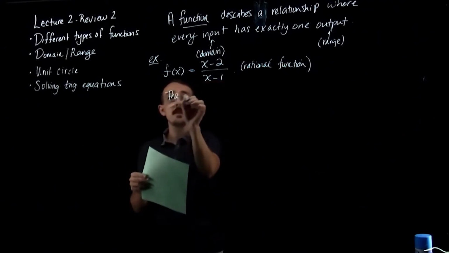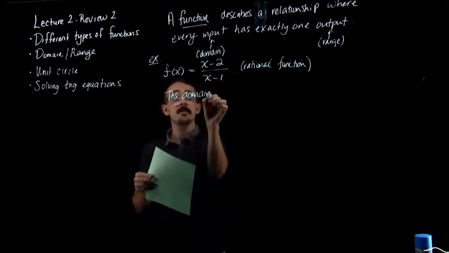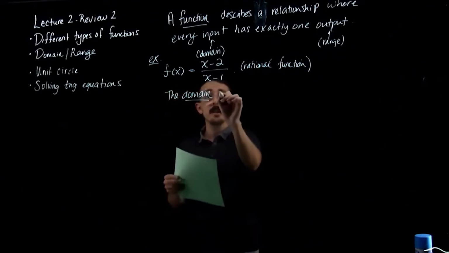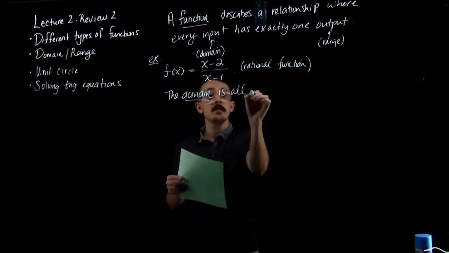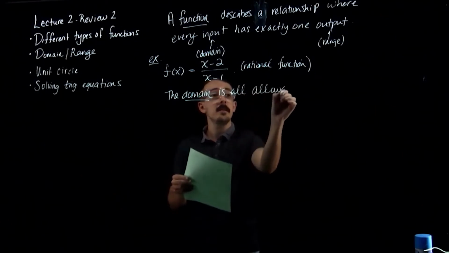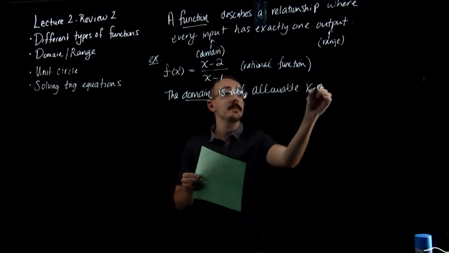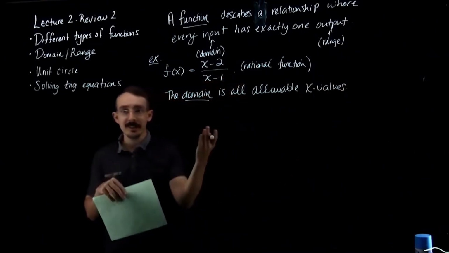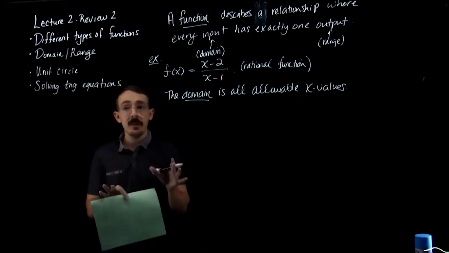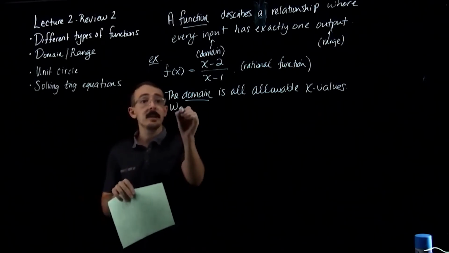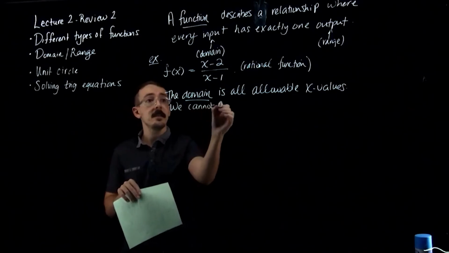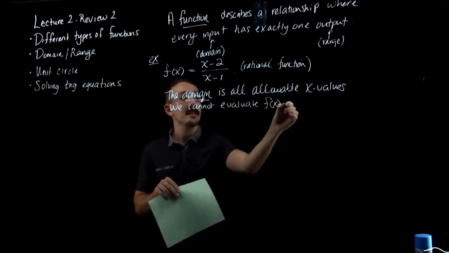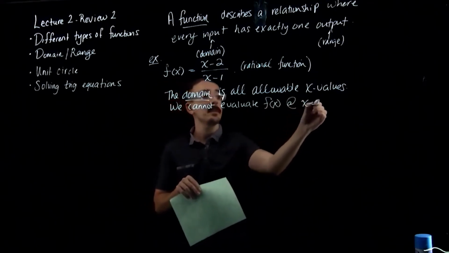So the domain of this function is all allowable x values. So basically anything you're allowed to plug into this function, there's only one value you're not allowed to plug in. So we cannot evaluate f of x at x equals 1.